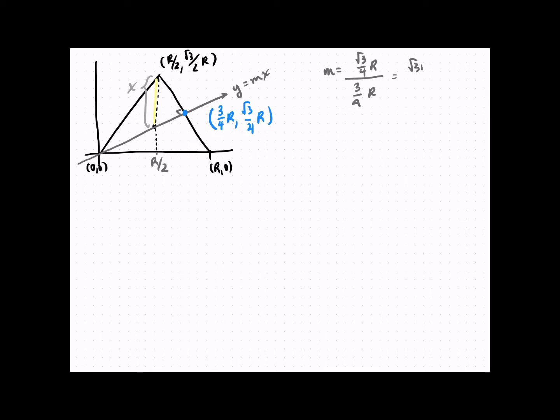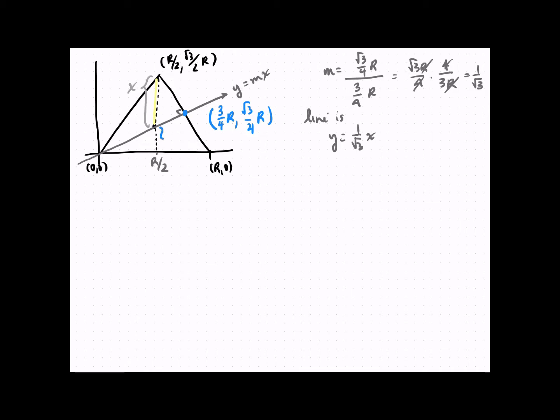And so I'm going to write this in the simplified form, so the r's cancel, the 3's cancel, and I can simplify this to 1 over root 3. So that's the slope. So the line is y equals 1 over root 3 x.